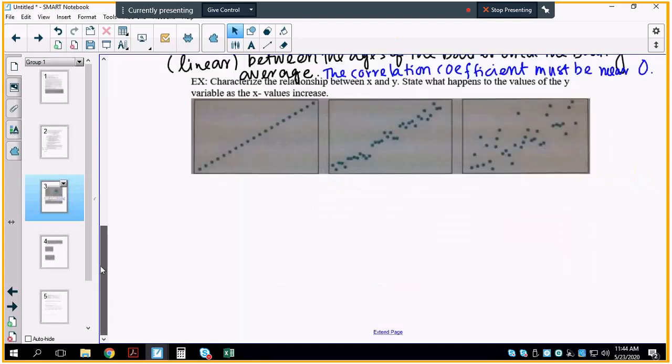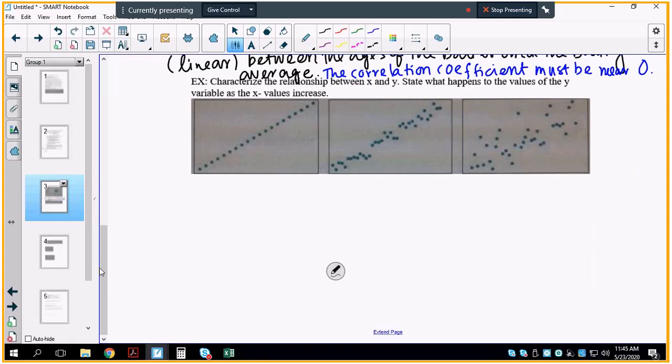In the next example, I have 3 graphs. We're going to characterize the relationship between x and y, and state what happens to the values of y when the values of x increase. This is very important for us to practice because this last statement, state what happens for an increment in x to the values of y, is the interpretation of a correlation coefficient.